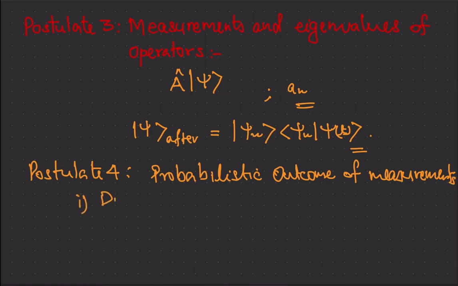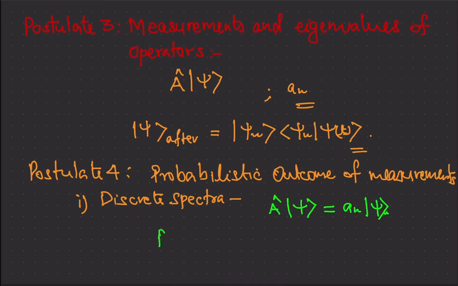In terms of discrete spectra, when measuring an observable A of a system in a state vector ket psi, the probability of obtaining one of the non-degenerate eigenvalues an of the corresponding operator A is given by Pn(an) is equal to the norm squared of bracket psi n psi, divided by bracket psi psi, where psi n is the eigenstate of operator A with eigenvalue an.